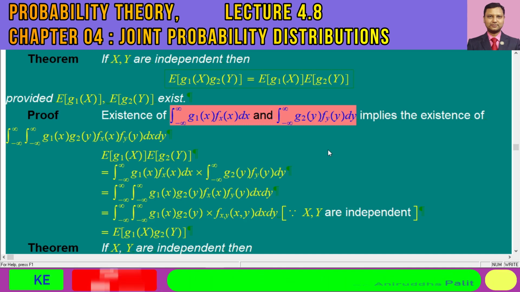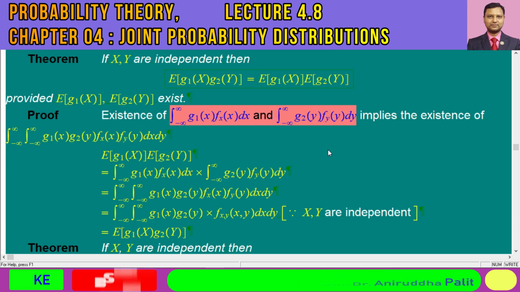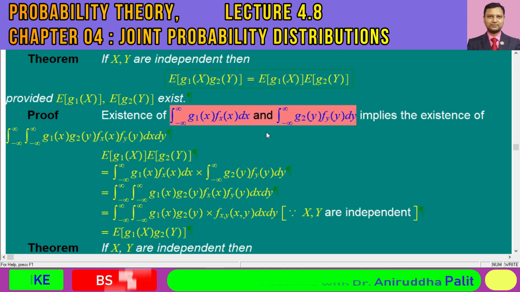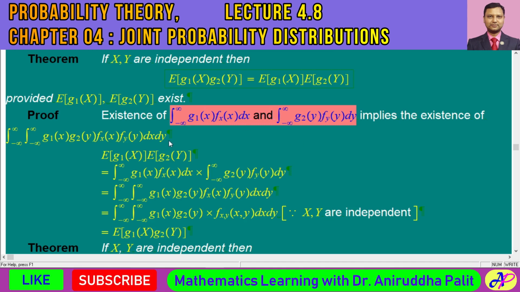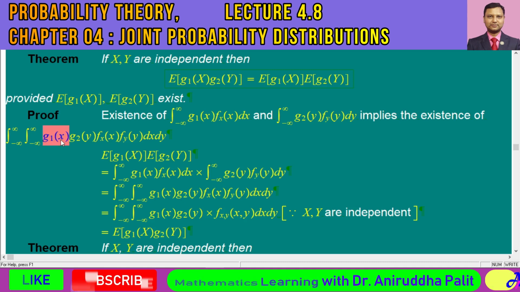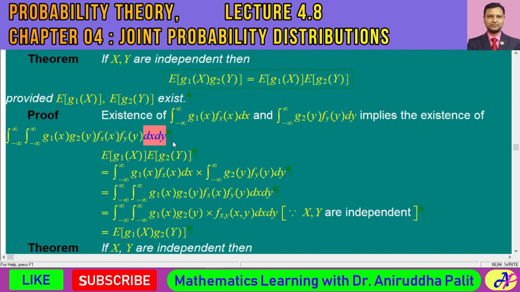If they are absolutely convergent, then the existence of these two integrals together implies the absolute convergence of their product, and that product can be written as the double integral from minus infinity to infinity, from minus infinity to infinity, of g1x multiplied by g2y, then multiplied by the corresponding marginal density functions fxx into fyy dx dy.